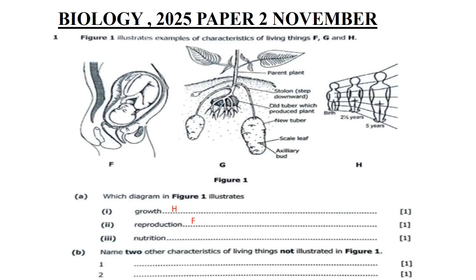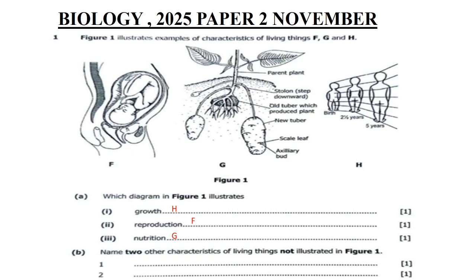We have F. As we can see, there is a fetus growing inside here. So this is reproduction, called sexual reproduction. The one that depicts nutrition is G. That is our answer.